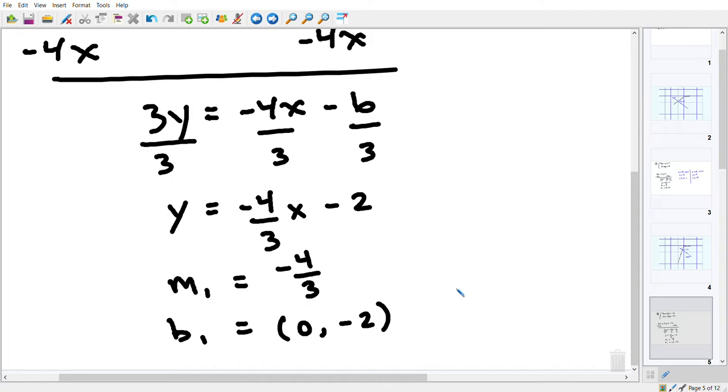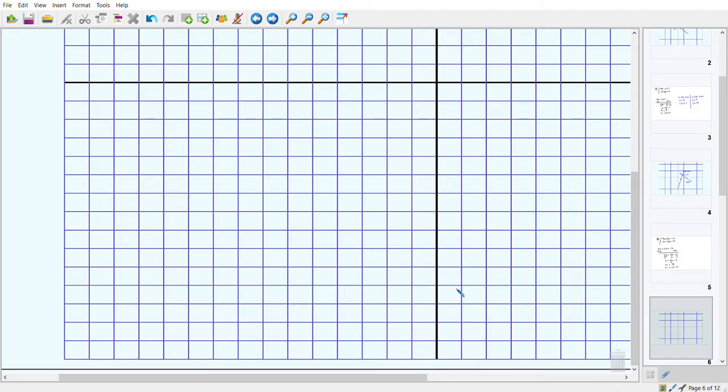So just like the previous ones, when you're ready, go ahead and look at your worksheet and start graphing your first line. So start out at 0, negative 2.